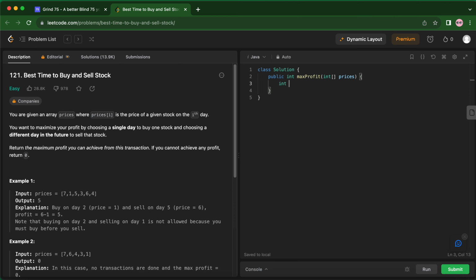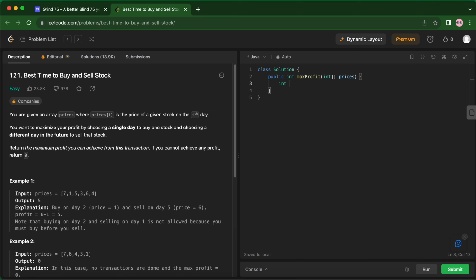We'll initialize a min price, so minimum price, because right now we know that the minimum price is 1, but in an array we are not aware of it, so we want to keep track of it. So that we'll find a minimum price to buy it on and a maximum price to sell it on.